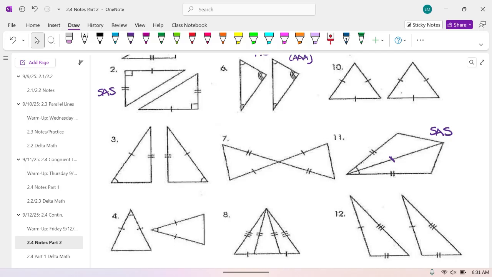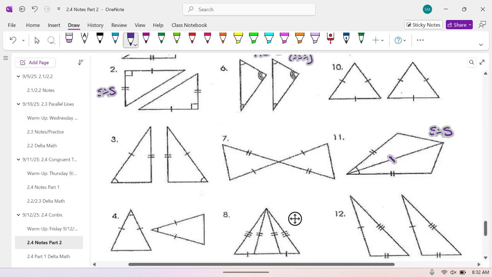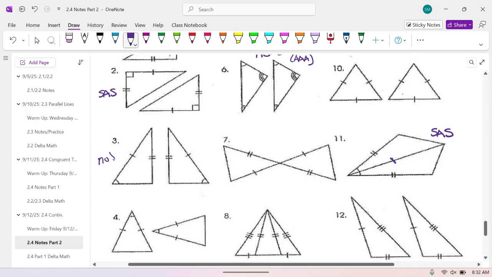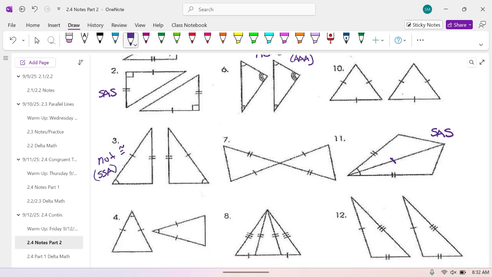So it's side, side, angle, or, and I'm not going to say it. So it's not congruent because of SSA. Is everyone understanding these? Am I going too quickly?